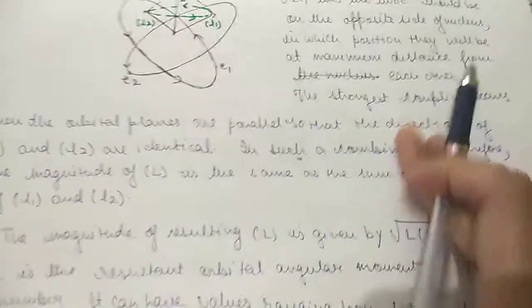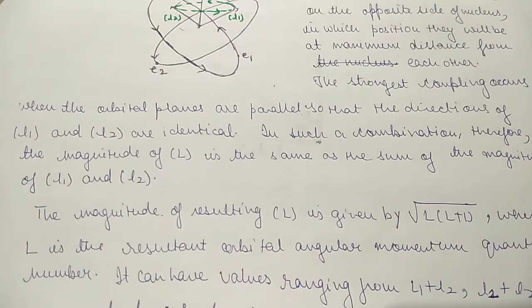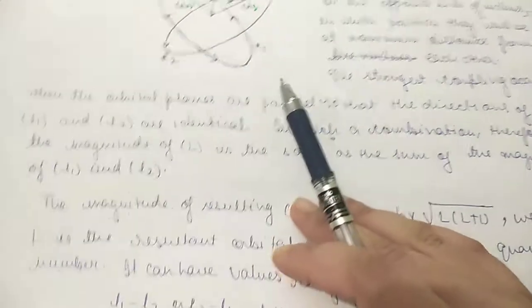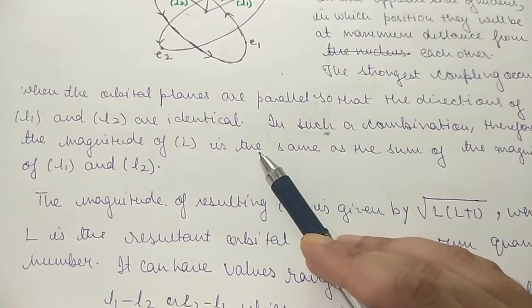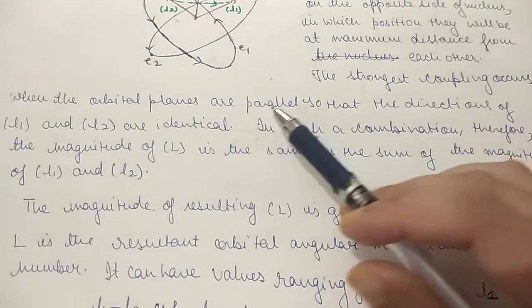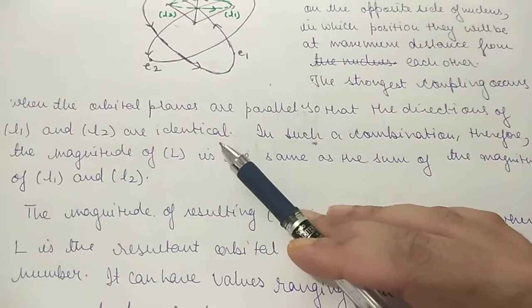Now the strongest coupling occurs when the orbital planes are parallel, so that the directions of L1 and L2 are identical.